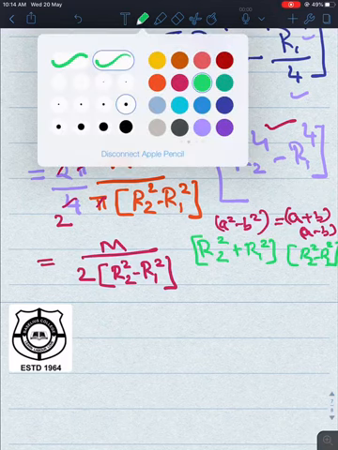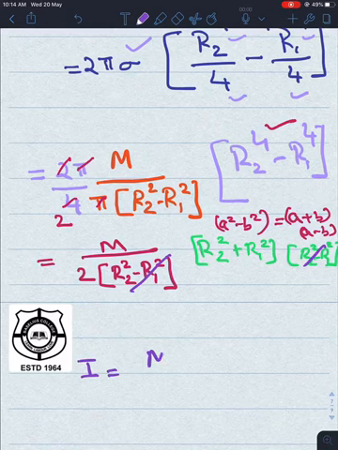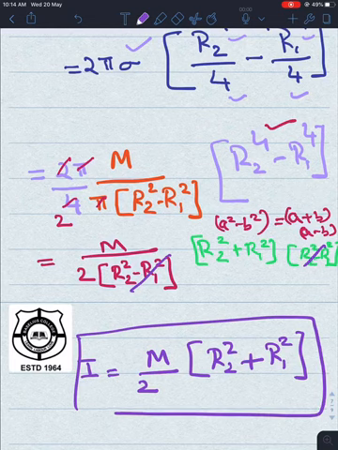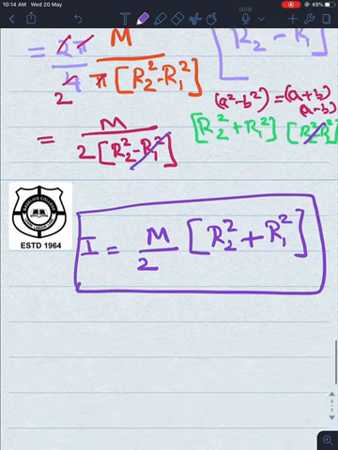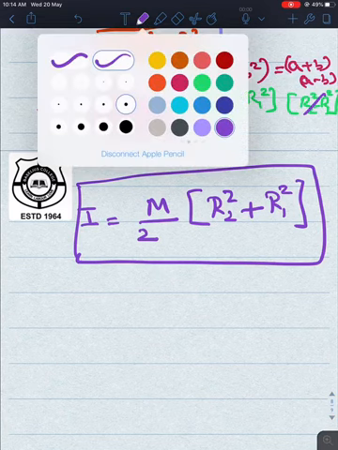So I can just cancel off this and this, and finally I have the moment of inertia as equal to m divided by 2 into r2 square plus r1 square. So we have got a beautiful equation for the annular ring. Now we can just take the cases.